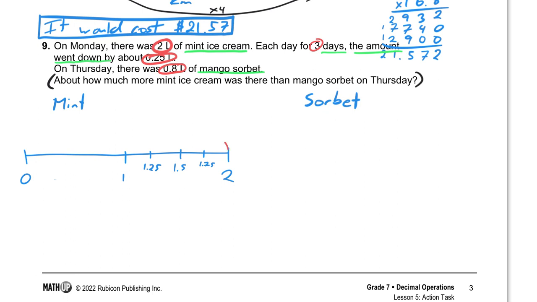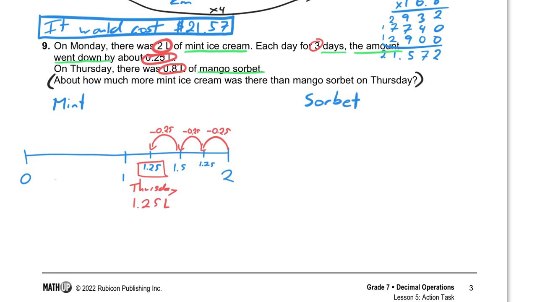We subtract 0.25. Then we take another subtraction, 0.25. Then one final subtraction of 0.25. So this here represents Monday, and then Tuesday, Wednesday, Thursday. This here is Thursday. Thursday is 1.25 liters of mint ice cream.